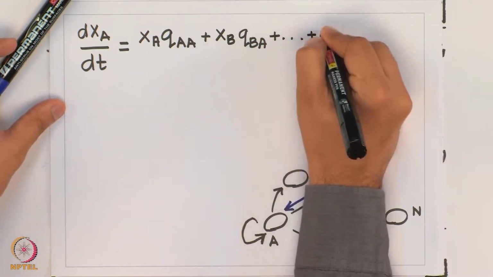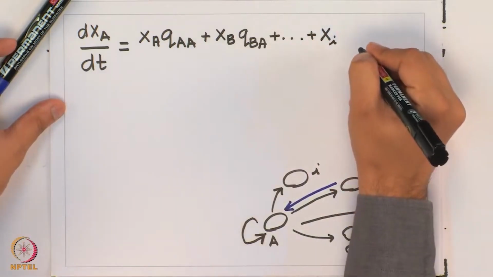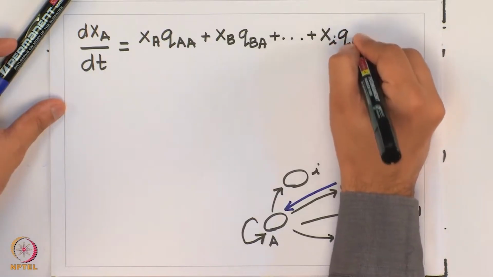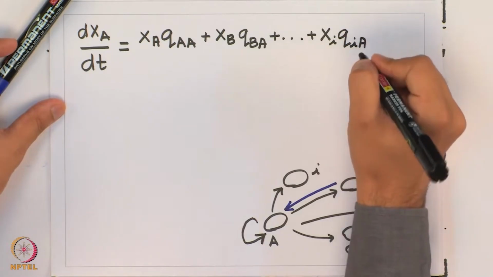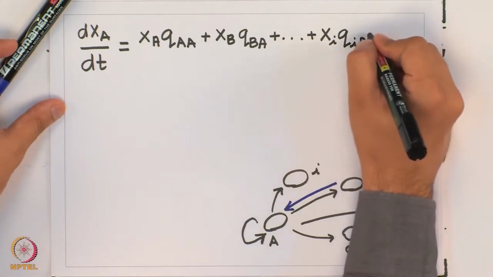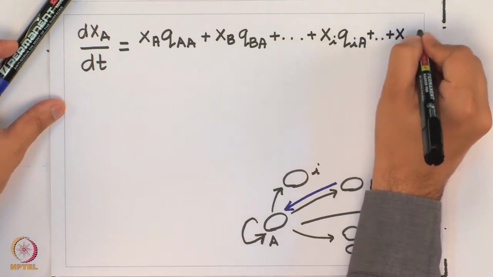We come to x_I, which is the fraction of population which belongs to the ith genotype, times Q_IA, representing the probability that when I replicates, the progeny belongs to genotype A, going all the way up to x_N Q_NA.